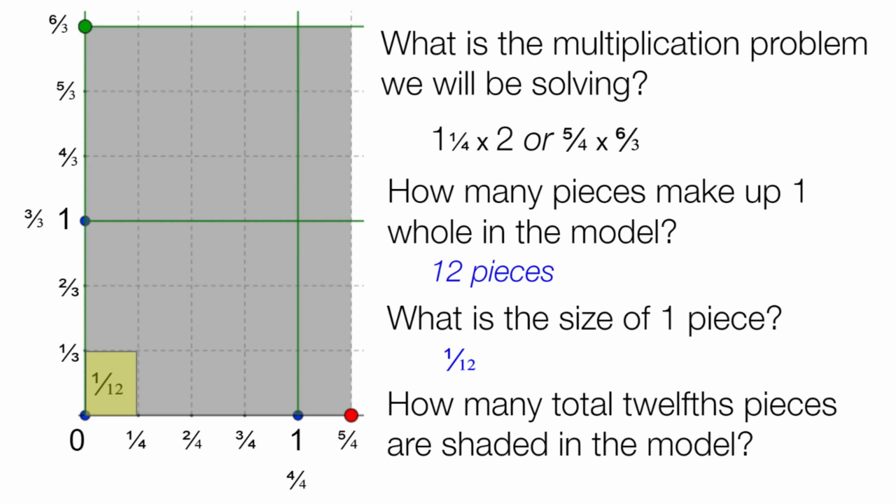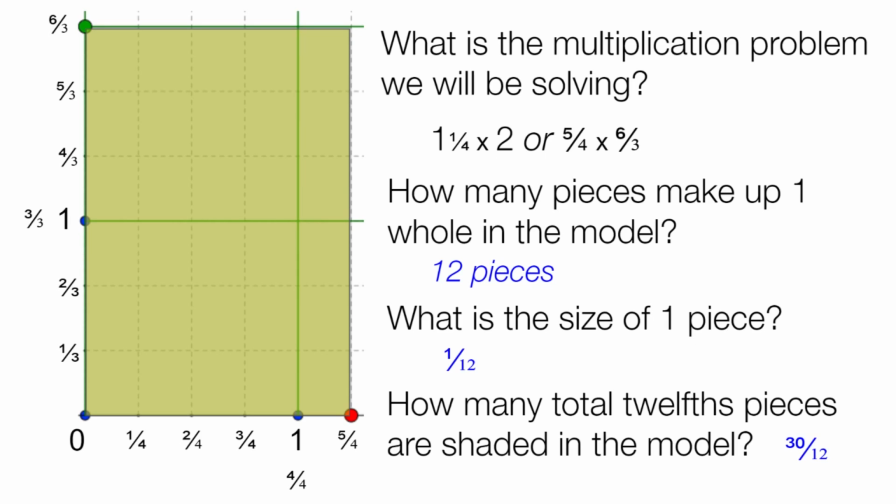How many total 12ths are shaded in the entire model? Every gray square or rectangle. If we count them all up, you should see that there are a total of 30 twelfths.